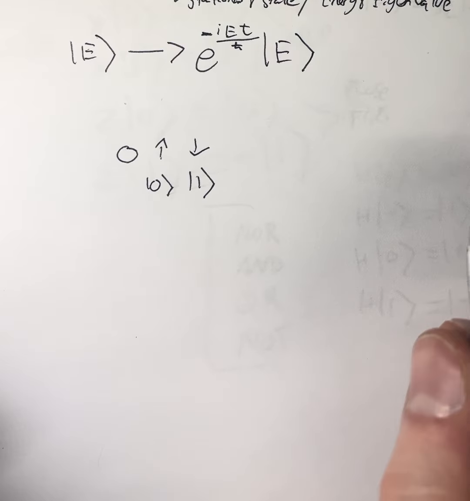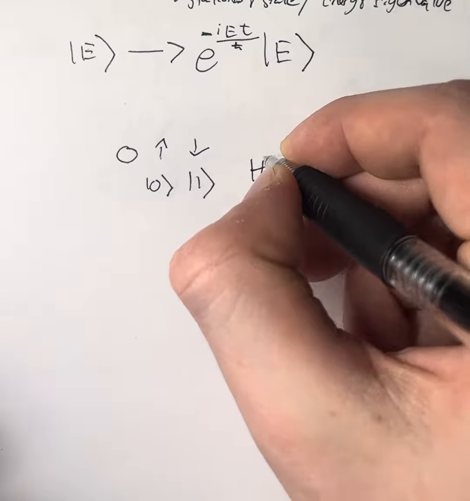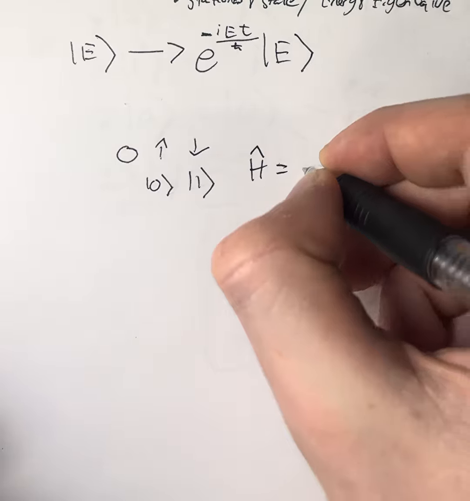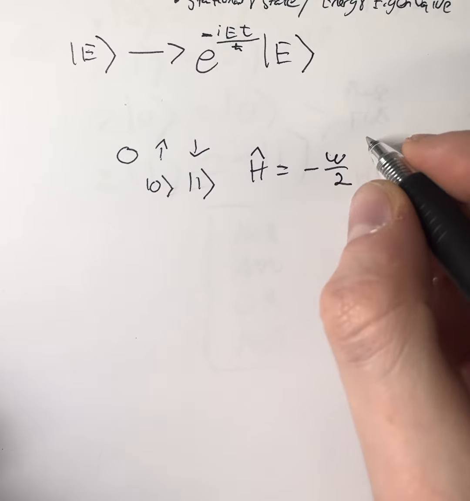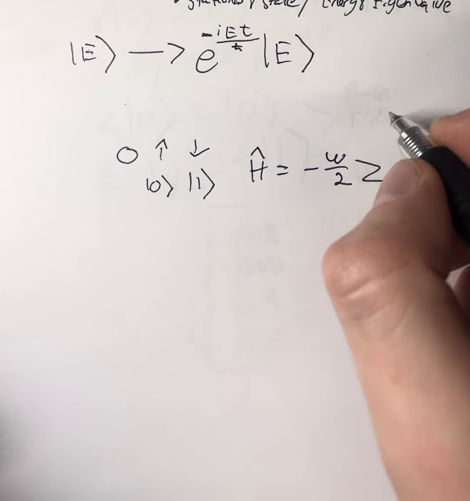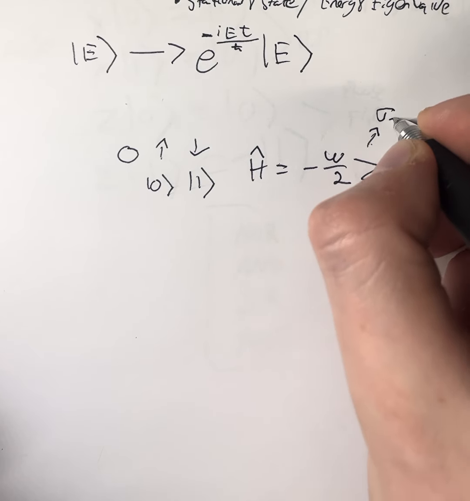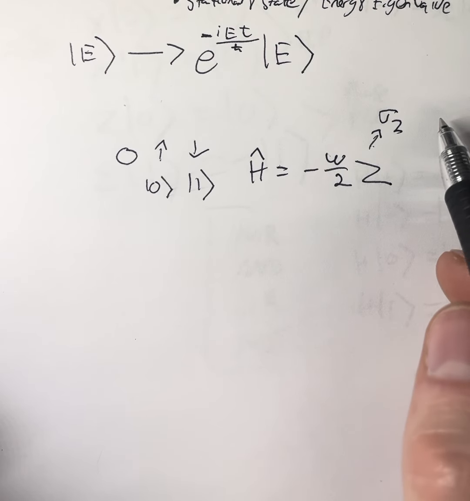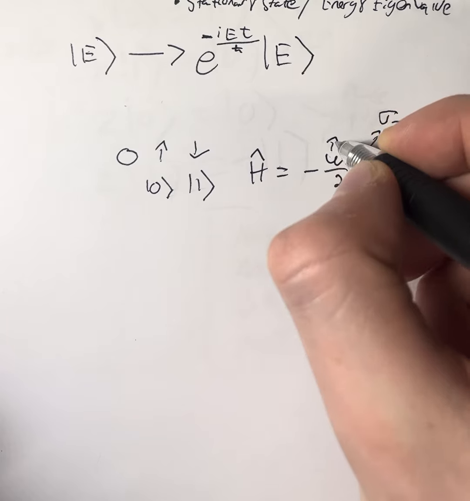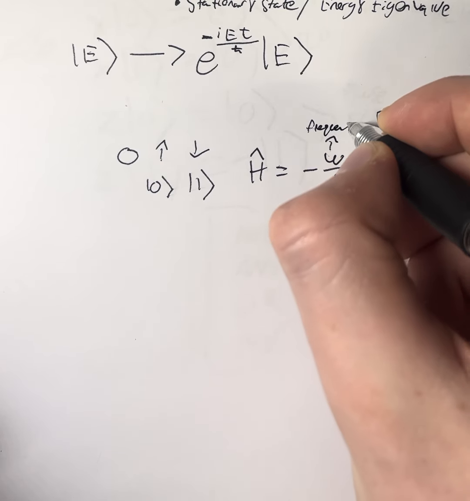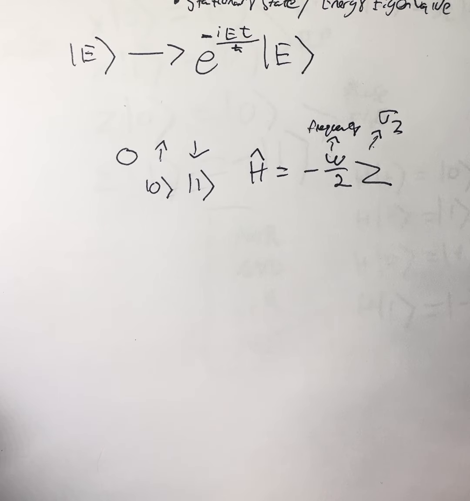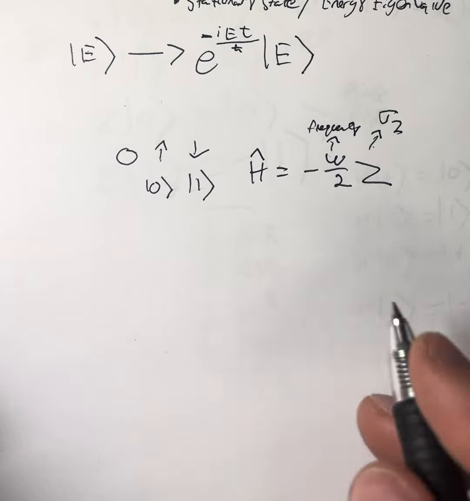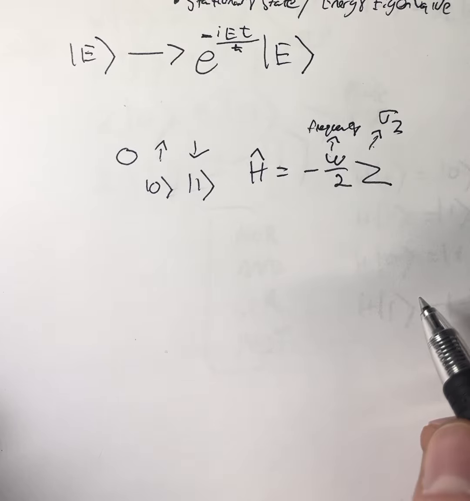Now, let's say this electron has a Hamiltonian equal to negative omega over 2 Z. Z is our unitary Pauli matrix that we've talked about before, and omega is just some frequency. We can think about omega as the strength of a field an electron is in, and that's why it has some evolution over time.